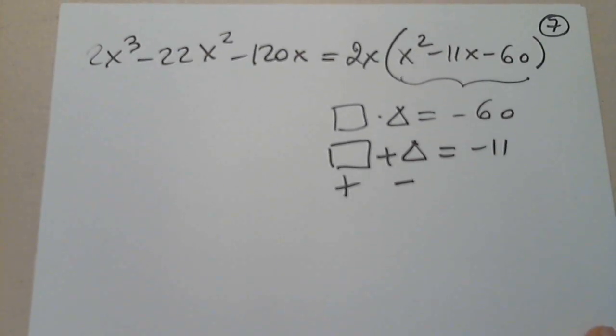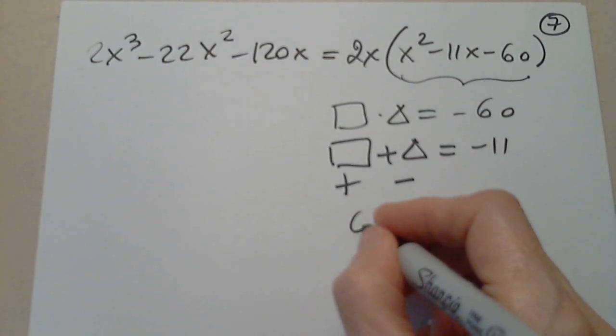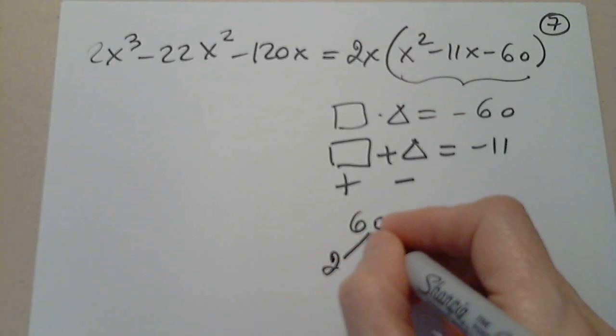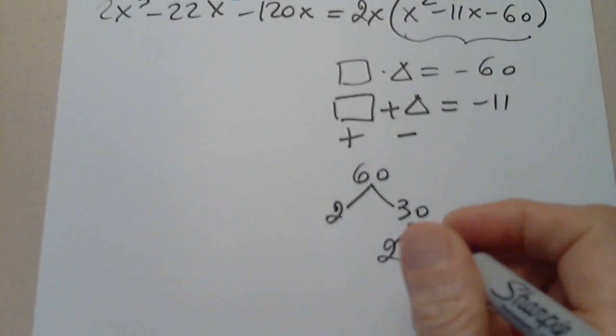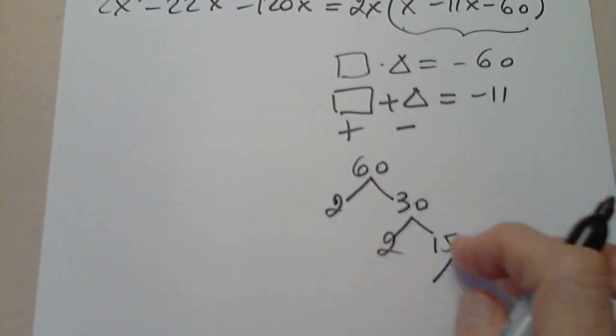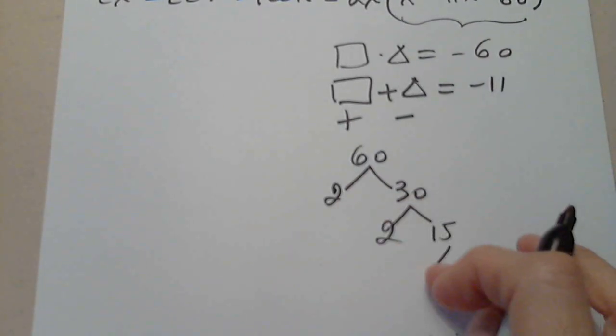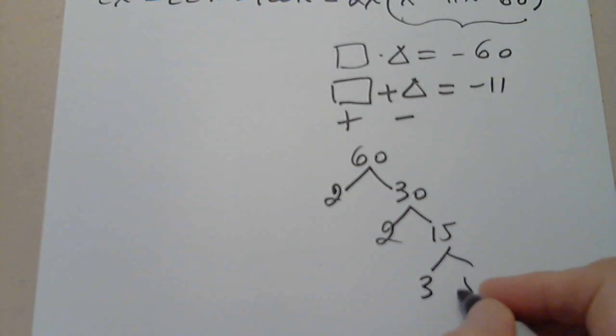So here's the thinking process here with 60. 2 times 30. 2 times 5 times 3. That's one of the reasons why we discussed the prime factorization and the prime factorization tree. 3 and 5.